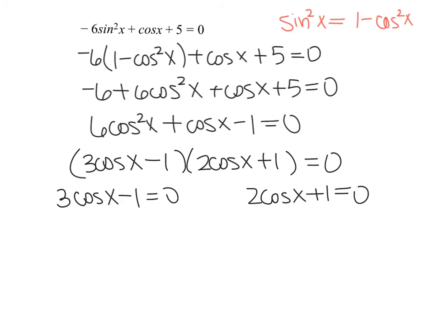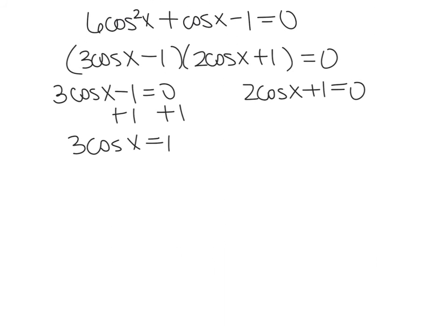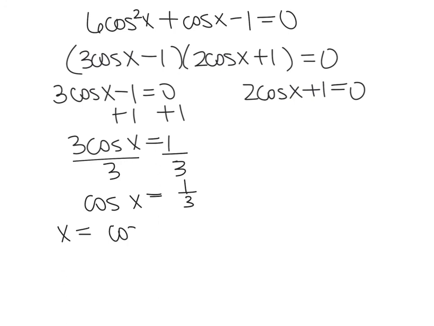Solving the first equation, we add 1. We get 3 cosine of x equals 1. Then we divide by 3. So we have cosine of x equals 1/3. Our solutions are going to be when x equals the cosine inverse of 1/3. Now 1/3 is not a ratio given to us on our unit circle, but cosine of x can equal 1/3.